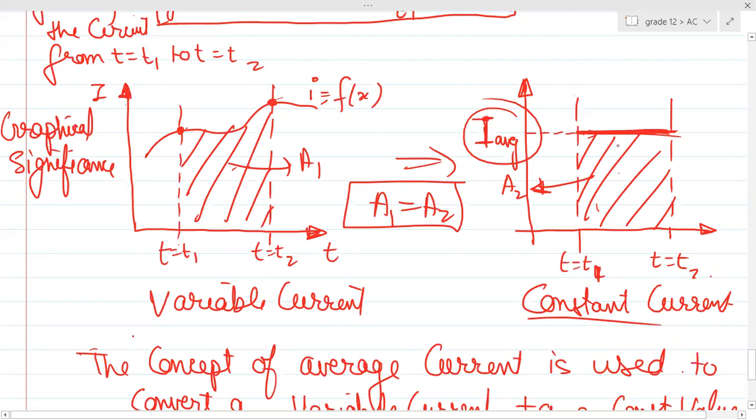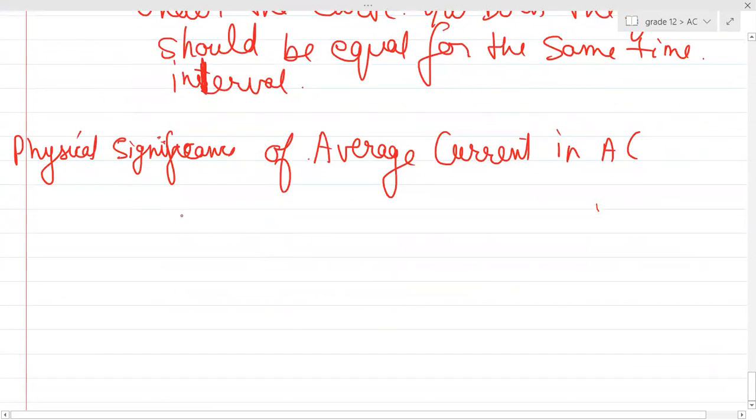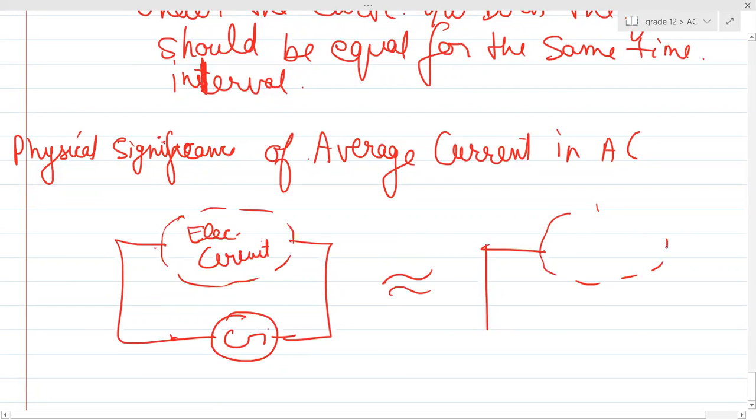In the case of direct current, the graph is basically a straight line only, right? So suppose I have a circuit, and whatever electrical circuit is over here, it can be a resistor, an inductor, a combination, anything. I have an AC source. I want to convert this AC source to a DC source.